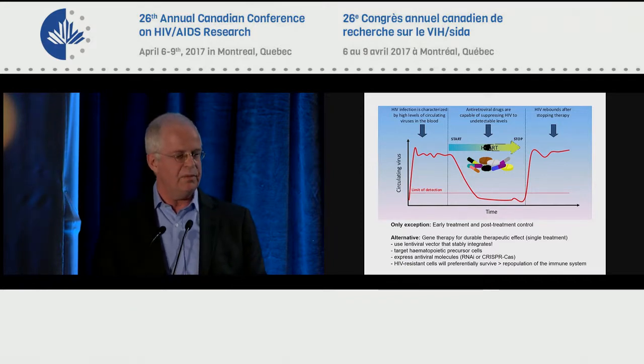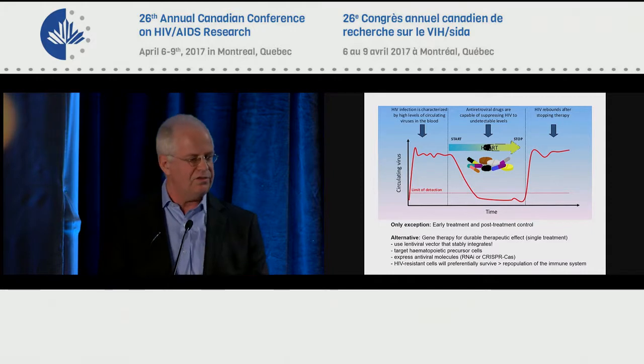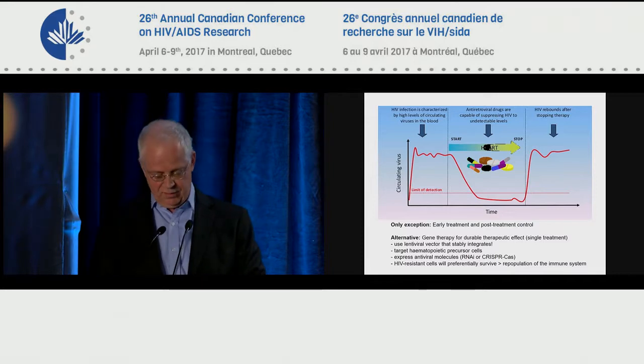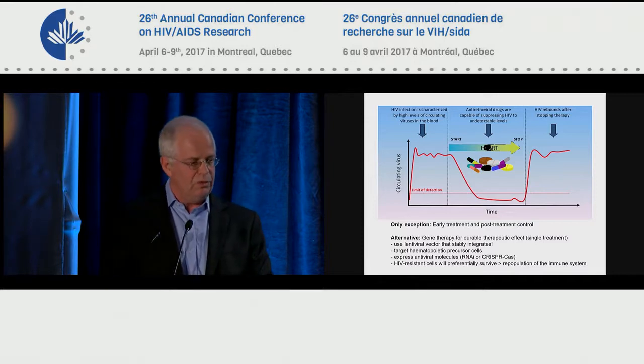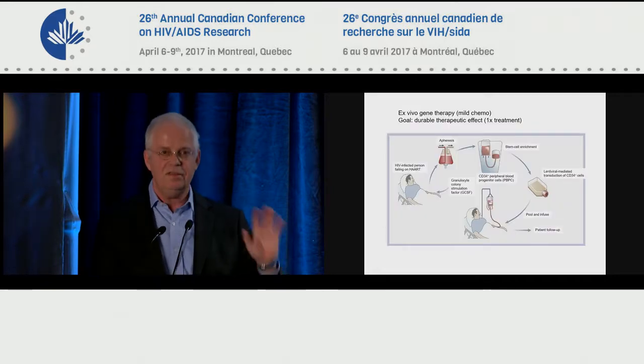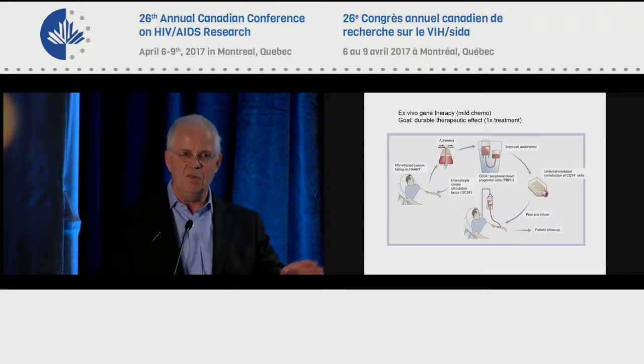I will talk a little bit about RNA interference and CRISPR-Cas in the next slides. And then the idea is that these resistant cells will preferentially survive, and they should lead to a partial repopulation of the immune system. So after this slide, I think we move into the lab.